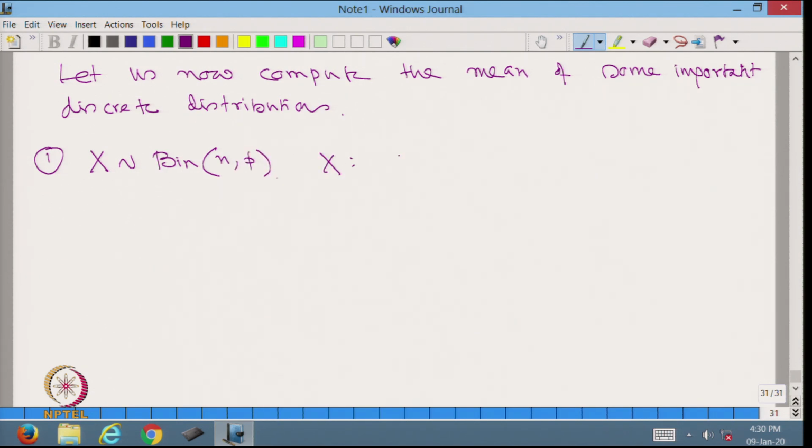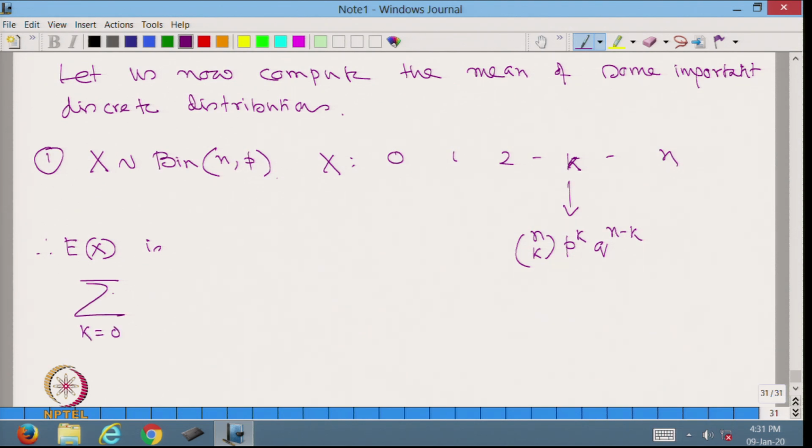Therefore, x takes the value 0, 1, 2 up to n, and it takes the value k with probability n c k p to the power k q to the power n minus k. Therefore, expected value of x is sigma k is equal to 0 to n n c k p to the power k q to the power n minus k multiplied by k.